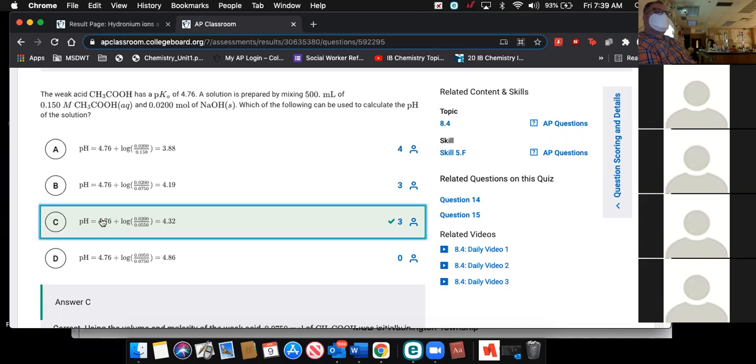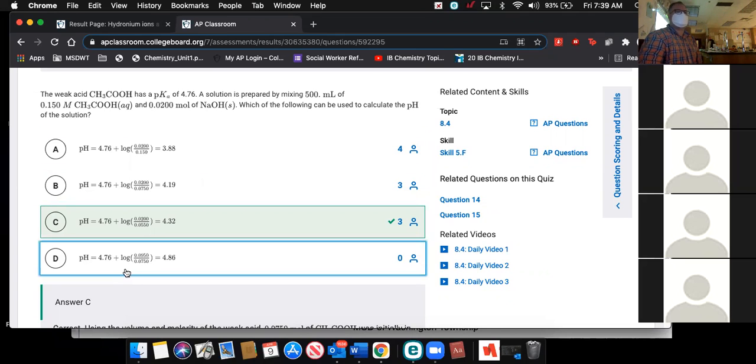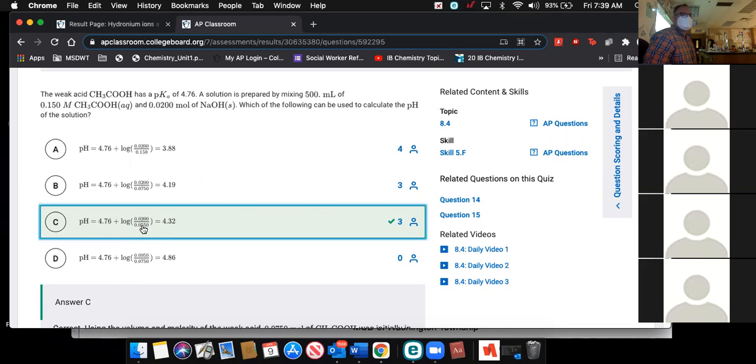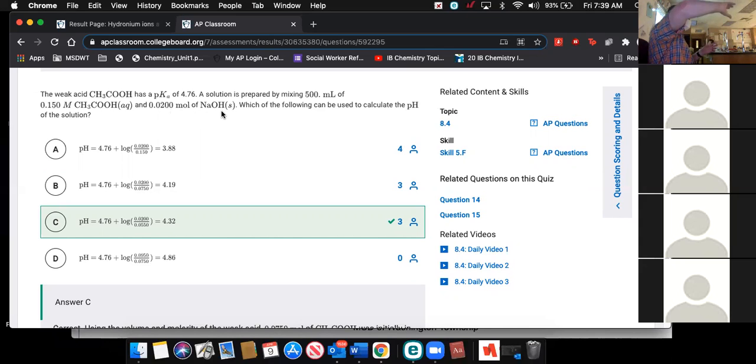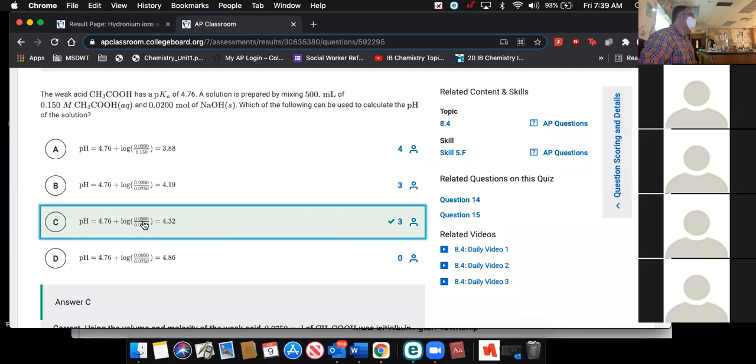What's 0.02 from 0.075? 0.055. So that's going to be our acid, our HA, which is going to be on the bottom. And since this 0.02 moles of NaOH turned that acid into its conjugate base, that's going to be our A negative, which is on the top of our Henderson-Hasselbalch equation. So there we go.